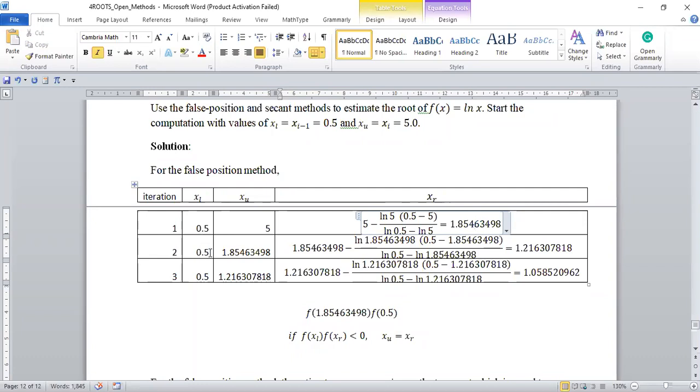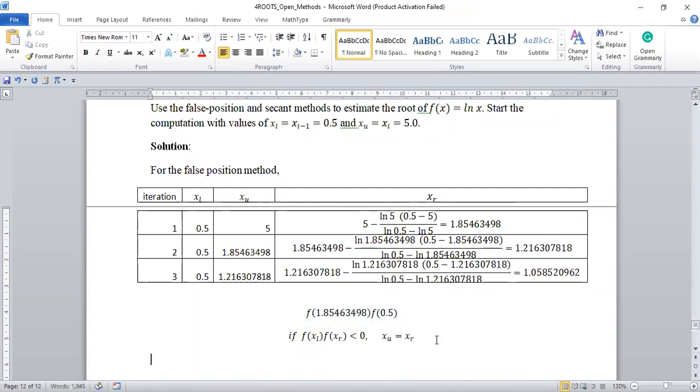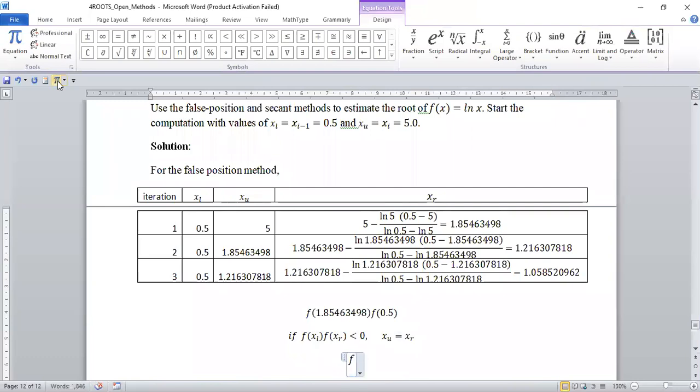So this is now your lower limit and this is now your upper limit. Then you evaluate this function. We arrive at this. The next thing is to evaluate f at the root you just calculated, then evaluate it at the lower limit, which is 0.5.